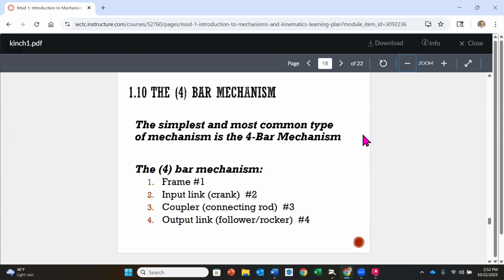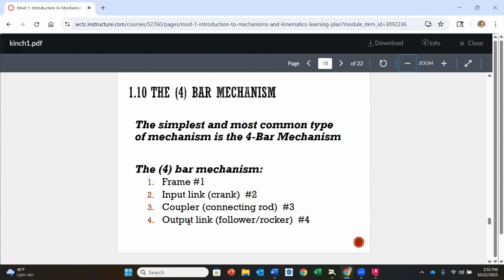So a 4-bar mechanism is always going to have number 1 as the frame, as we know. Then our first link is going to be what we call our input. It's going to be where we impart motion for that mechanism to function. So we call that an input link. Many times that is going around in a circle or pivoting about a center. So a lot of times we call that the crank, okay?